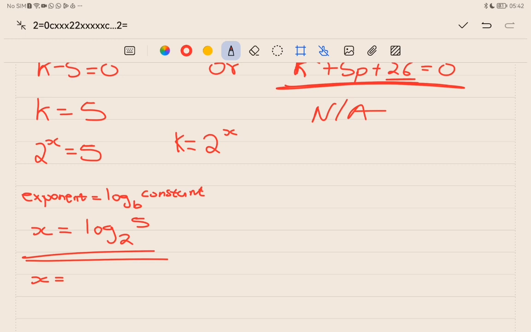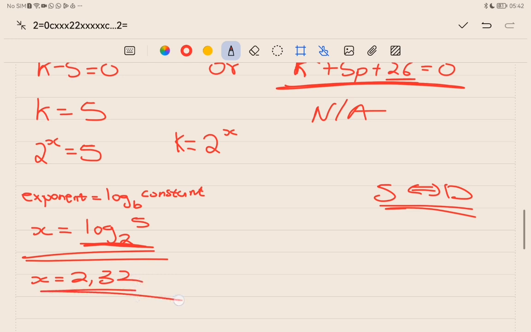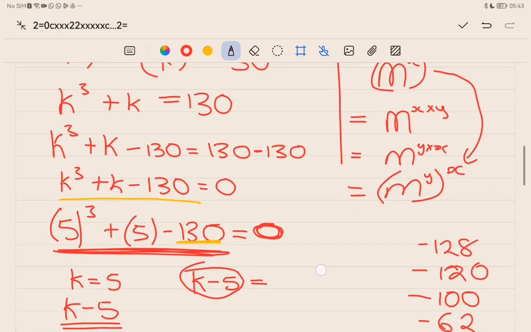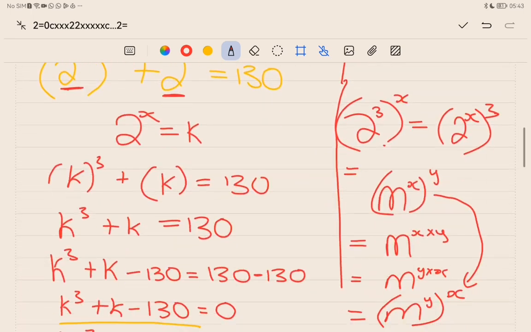So you just press the whole thing on a calculator, log base 2, you press this on a calculator, then you press equal to, then after you press S to D, it gives you the answer in decimal. That's how you solve this.